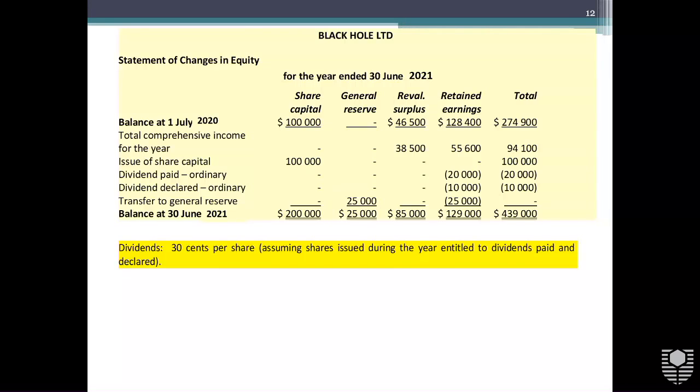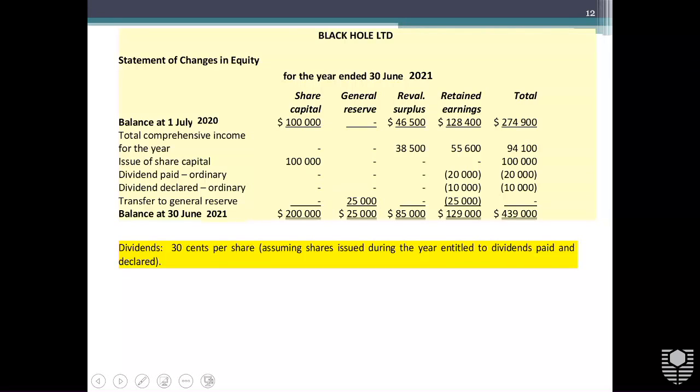Our general reserve, we know that the ending balance there is 25,000 because the question tells us, we can tick that off. Right, the second item from the top, we've got a general reserve there of 25,000. Our revaluation surplus, we know that our ending balance there is 85,000.